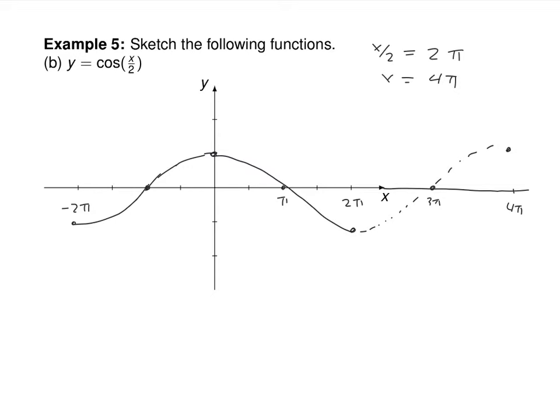We briefly discussed even and odd functions yesterday, and we said that even functions have symmetry about the y-axis, right? Does it make sense that y equals cosine x is symmetric about the y-axis? Okay, which means it is an even function.